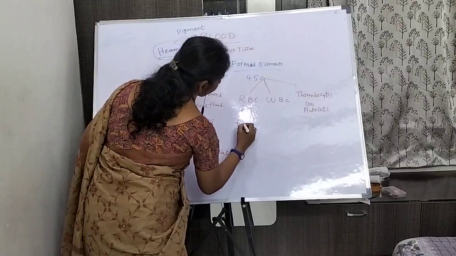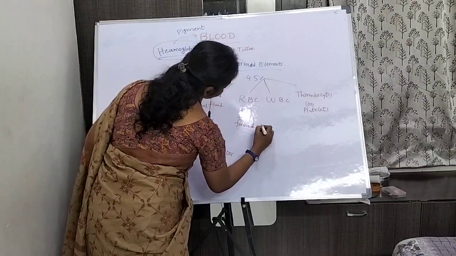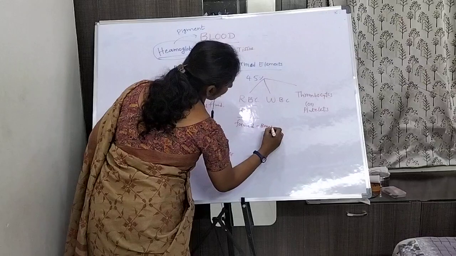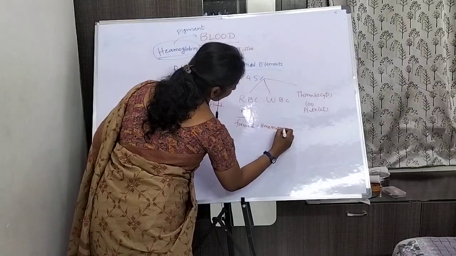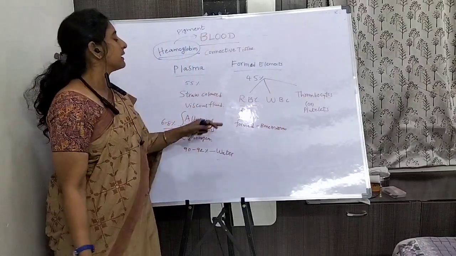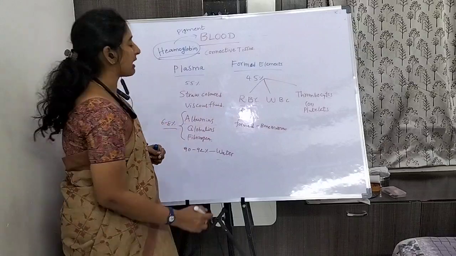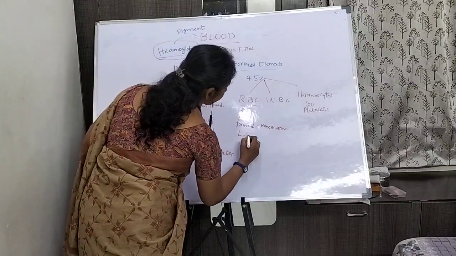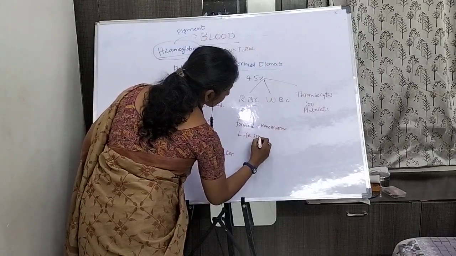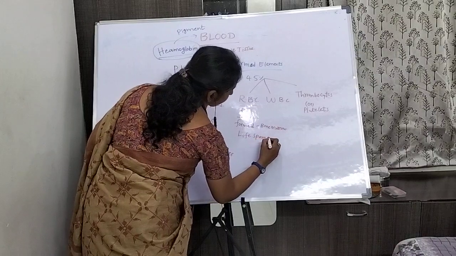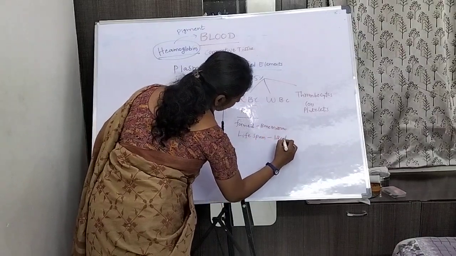The lifespan of red blood cells is 120 days only.